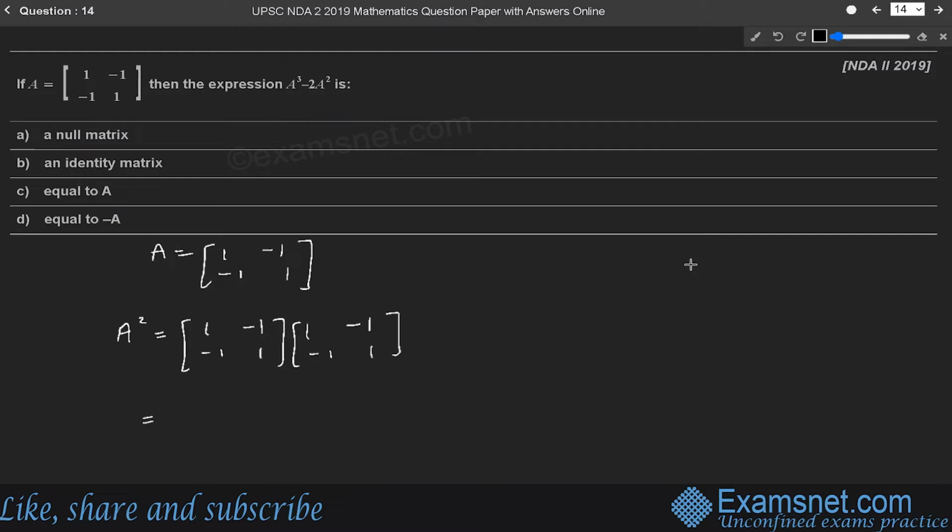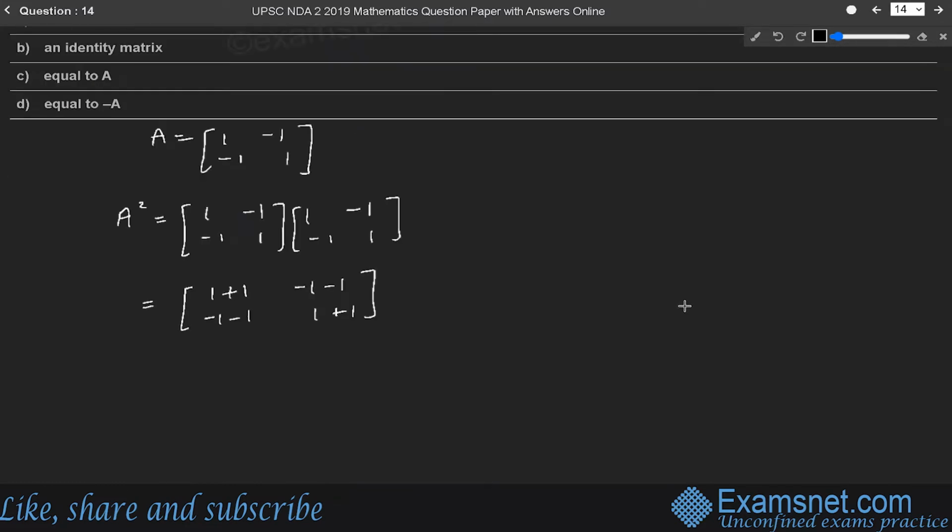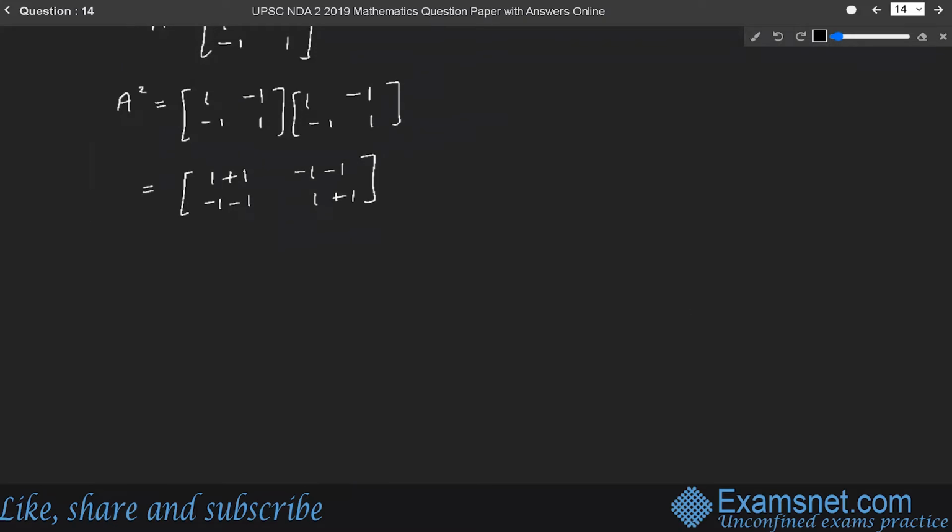So it will be equal to 1 plus 1, minus 1, minus 1, minus 1, minus 1, and 1 plus 1. Now A cube will be equal to A square into A. So it will be equal to 2 into [1, minus 1, minus 1, 1] into [1, minus 1, minus 1, 1].